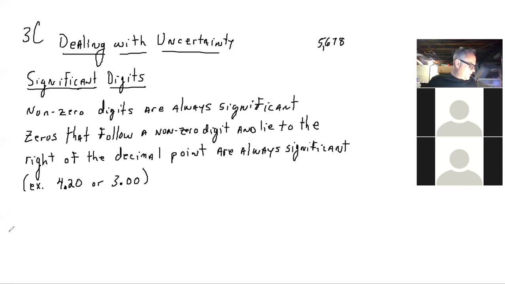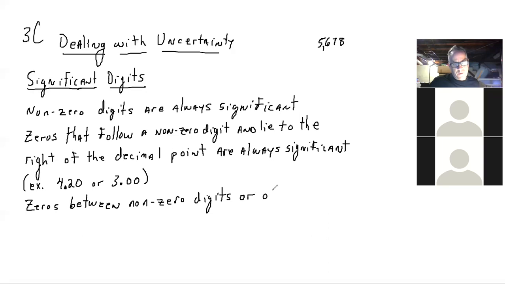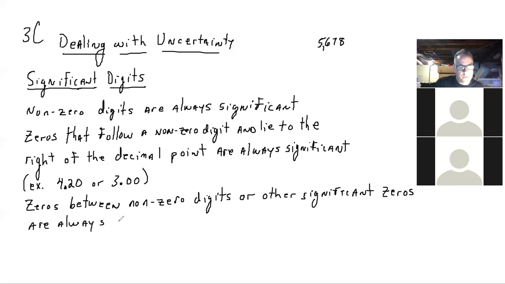Now, zeros between non-zero digits, or other significant zeros, are always significant.